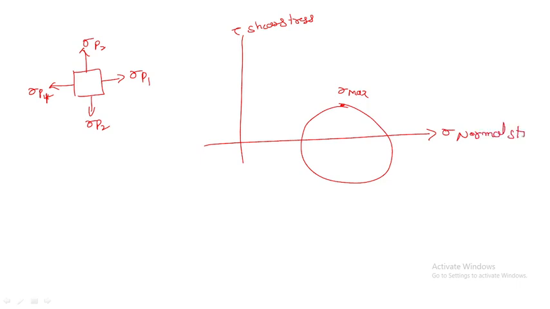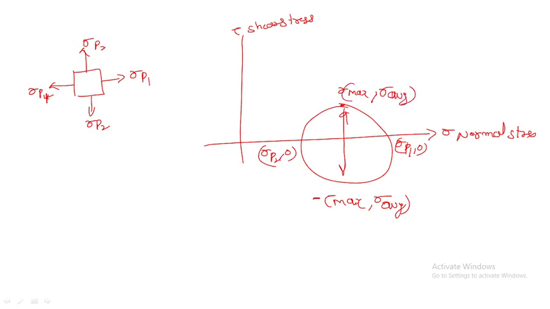Now this is the tau max, or we can say tau average. Now sigma P2 comma 0, and this is sigma P1 comma 0, and this one we call tau max comma tau average.